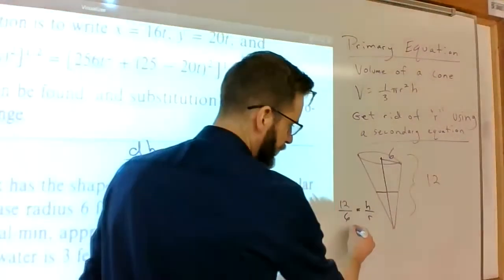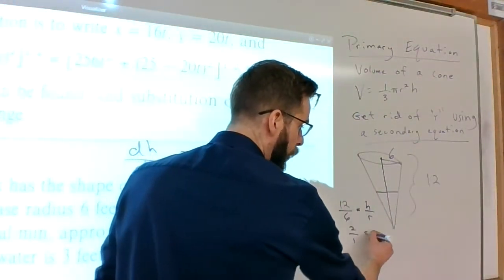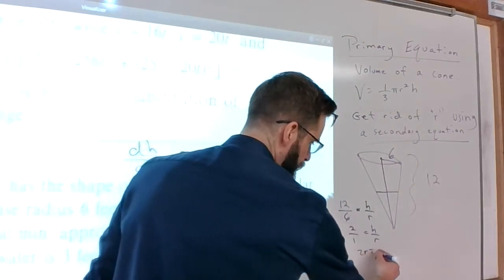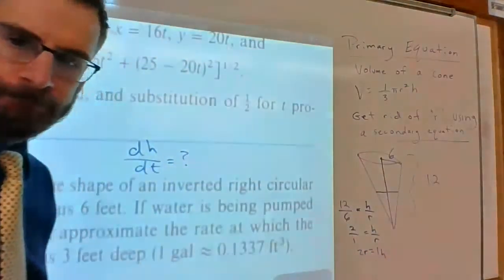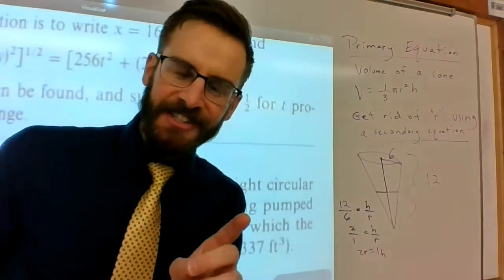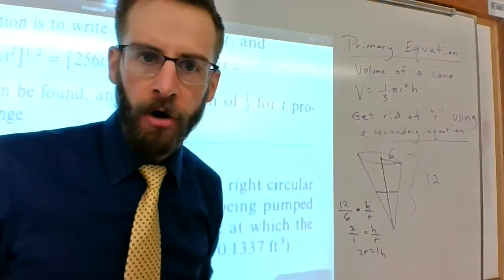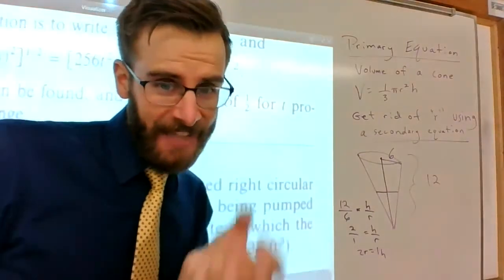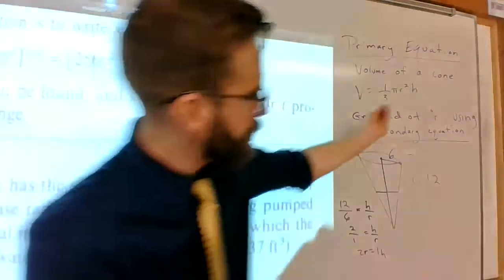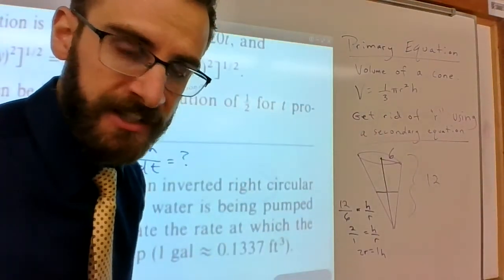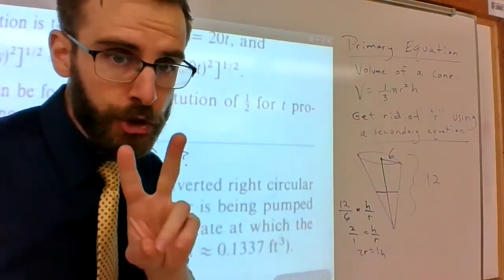So this is saying that 2 over 1 should equal h over r, which means 2r equals 1h. And that's exactly what we need to get rid of the r there. To get rid of the r, I need to get r by itself and then input just h values there. So get r by itself, divide both sides of this secondary equation by 2.